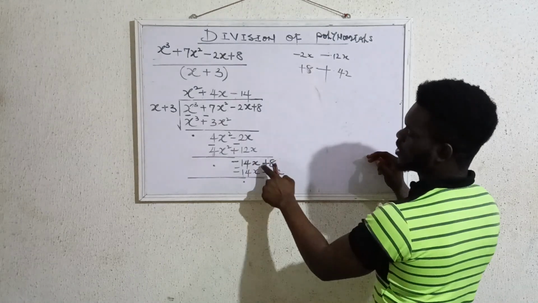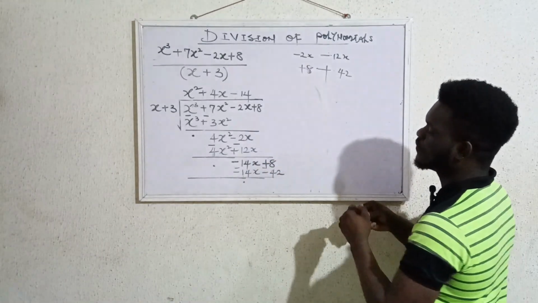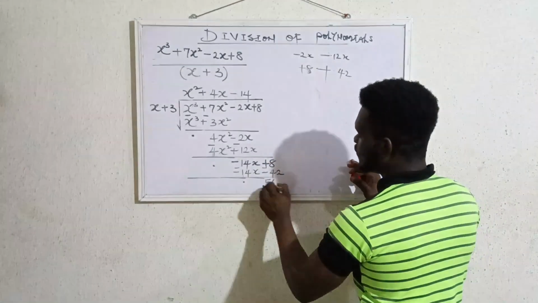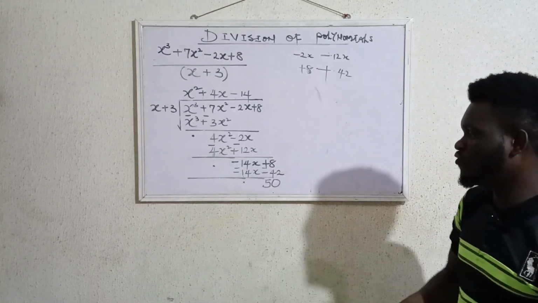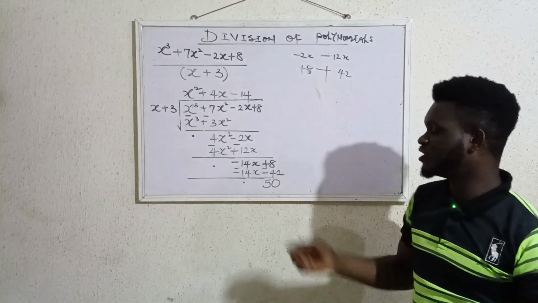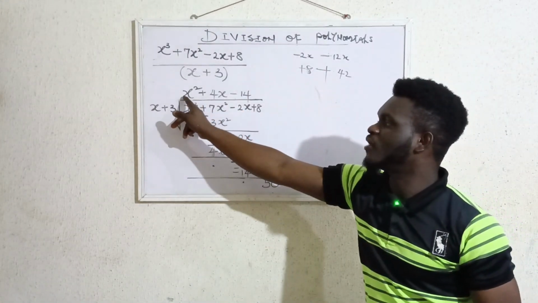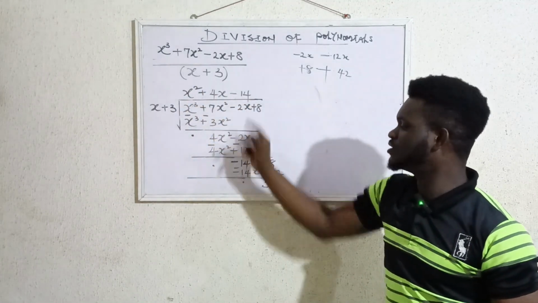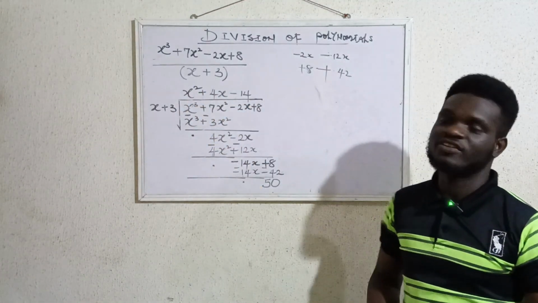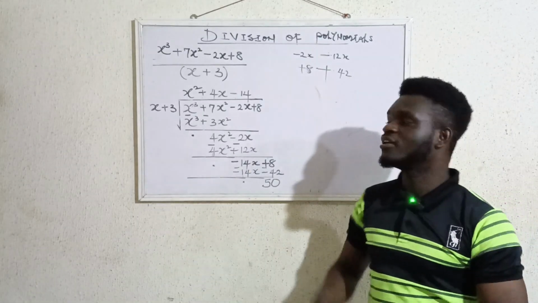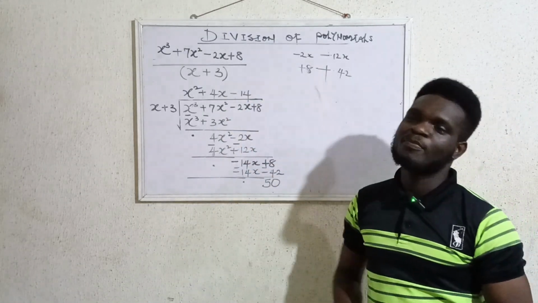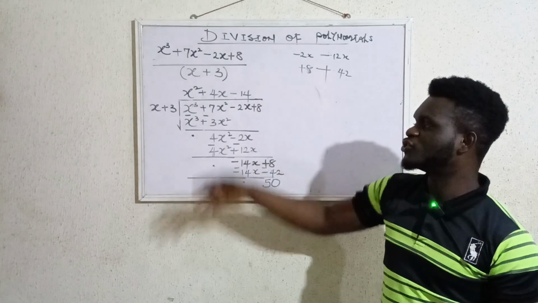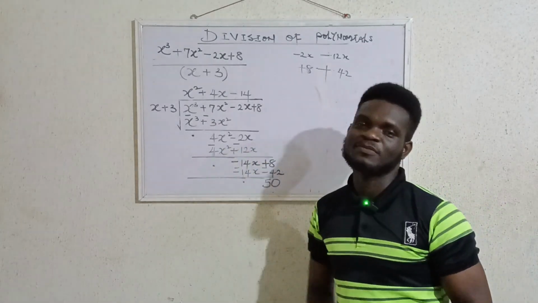This is plus 8. Don't forget, plus 8 plus 42. So it comes out to become what? 50. So we get that. So 50. As simple as that. So this is the final answer we have: x squared plus this minus this, with remainder 50. These are just the mode of operation for solving or dividing polynomials. Just understand what you are doing and the answer falls out like a pack of cards.